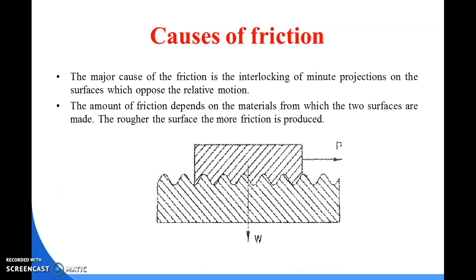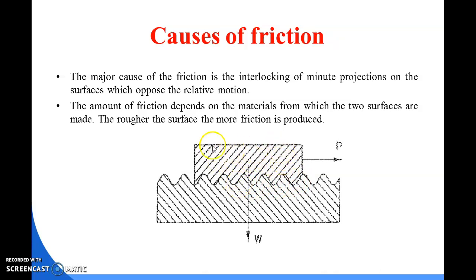Next is the causes of friction. The main cause of friction is the interlocking of minute projections on the surfaces, which oppose the relative motion. You can see this one is the contact surface, and these are the projections of the surface.